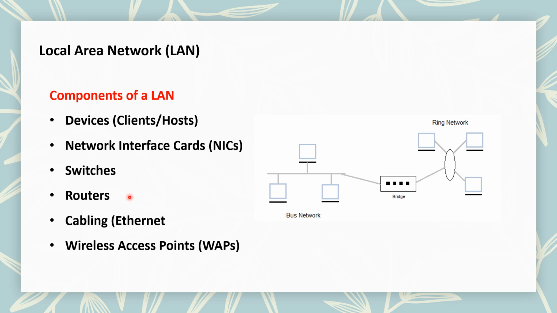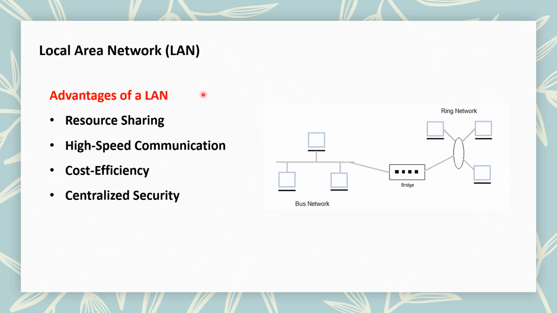Routers are the devices that connect the LAN to external networks such as the internet. Ethernet cables are the physical cables that link devices to switches and routers. Wireless access points are the devices used to extend a local area network wirelessly through Wi-Fi.